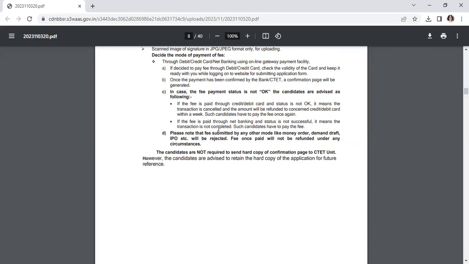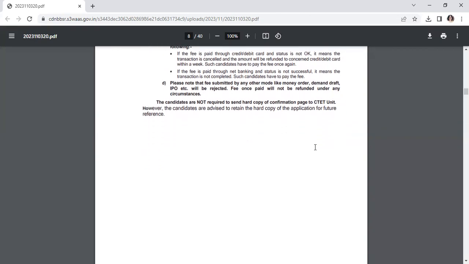If the fee is paid through net banking and the status is not successful, it means the transaction is not completed. Such candidates have to pay the fee again. Please note that fees submitted by other modes like money order, demand draft, IPO, etc. will be rejected. Fees once paid will not be refunded under any circumstances.